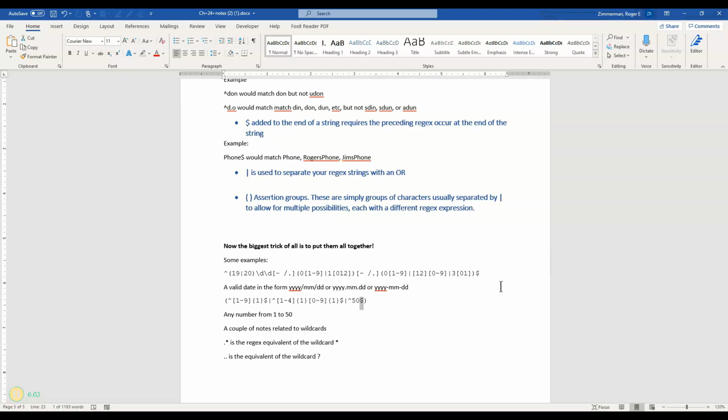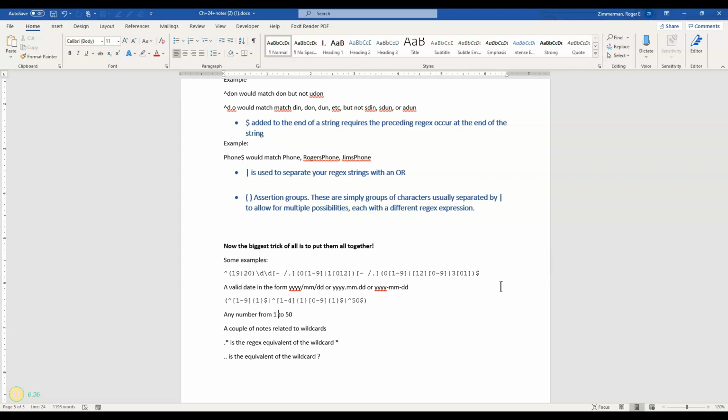Pretty clever, huh? Now notice that this would not work with 0, 2, for example, because remember, this is 1 through 9, not 0 through 9, and this is 1 through 4, not 0 through 4. So we can't have zeros at the beginning, so simple numbers 1 to 50. So once you get used to looking at these piece by piece, it's not that difficult to parse.